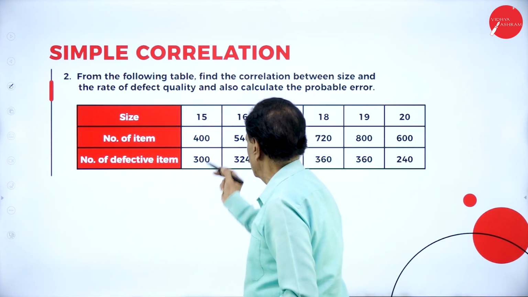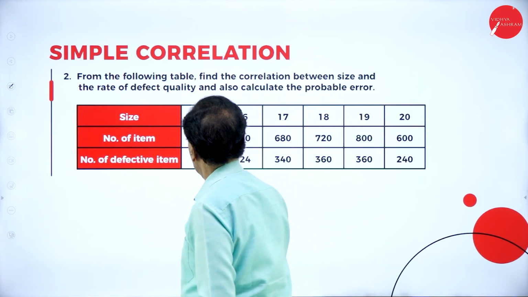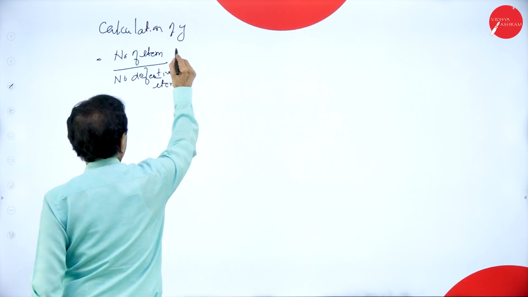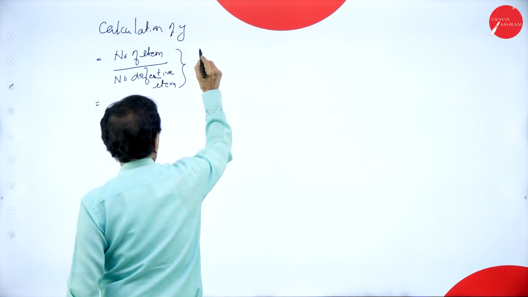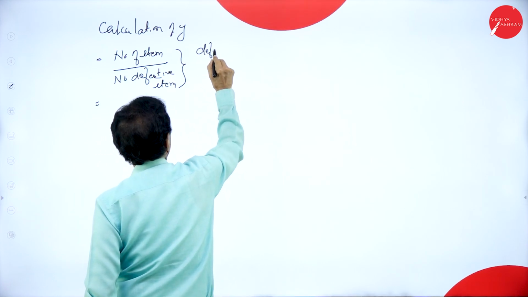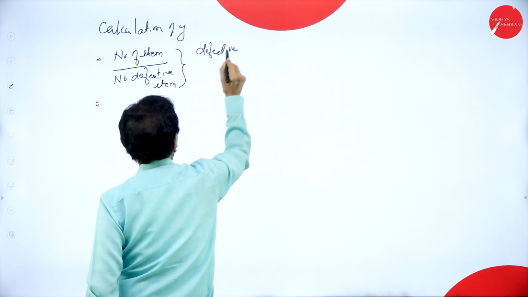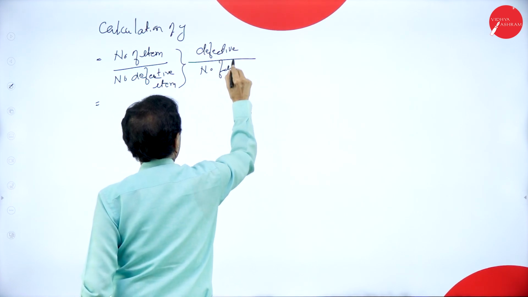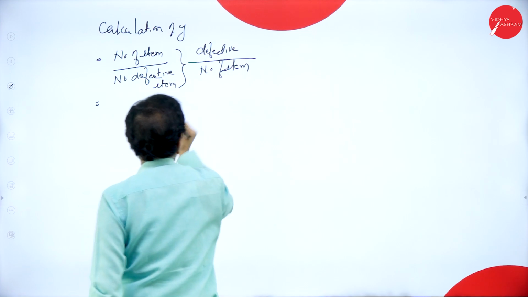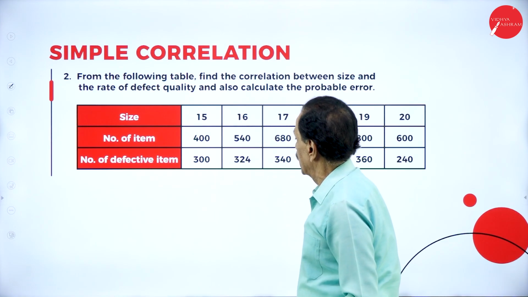Number of defective items is 300, for 400 items. Defective is what you have to calculate.